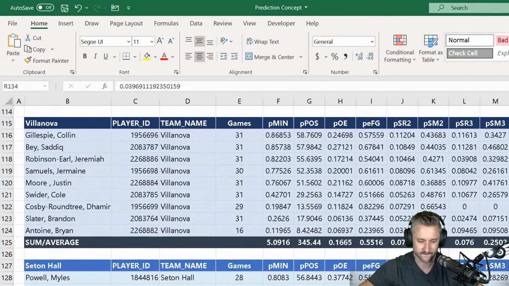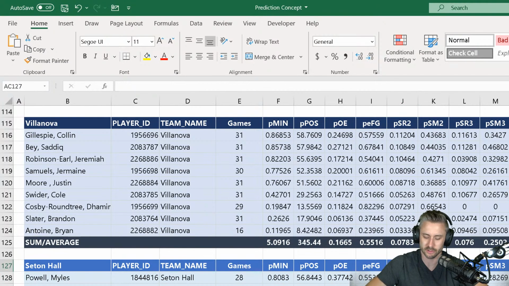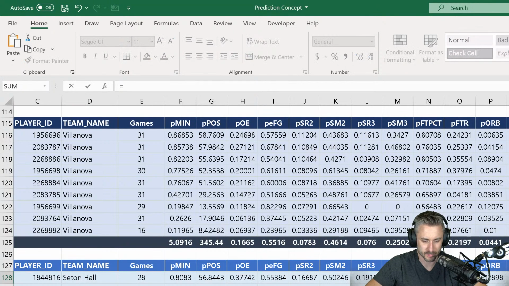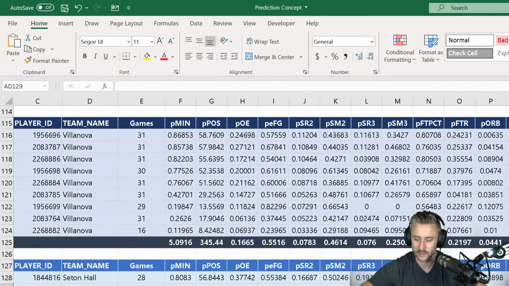But, like, for example, you can calculate expected points scored per possession right here. So I'm going to do that over here. So equals Miles Powell expected 56.84 possessions, so G128 times H128.